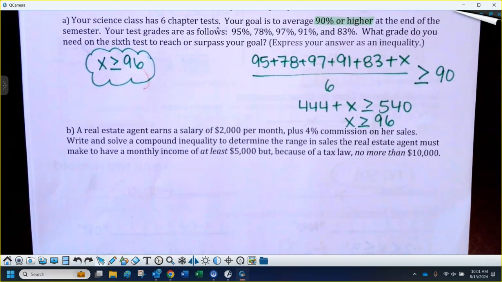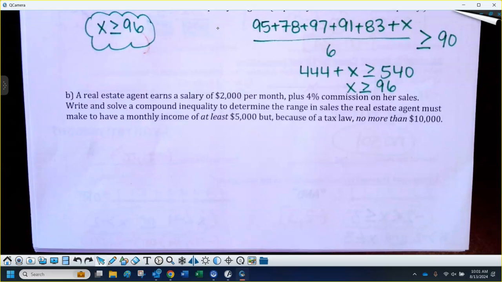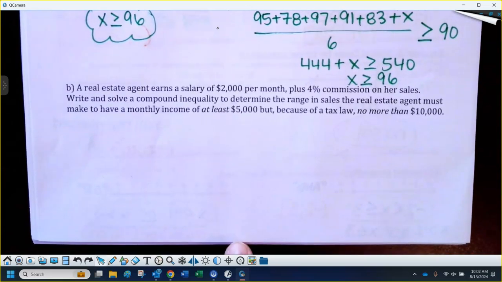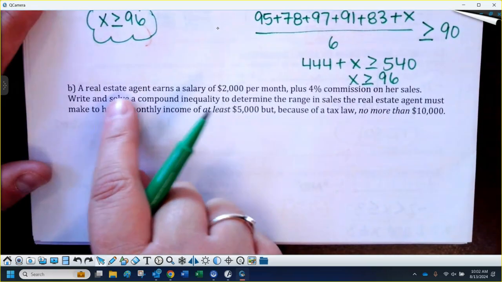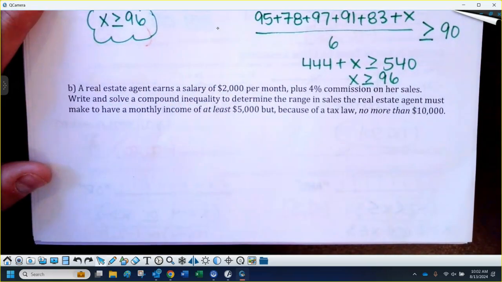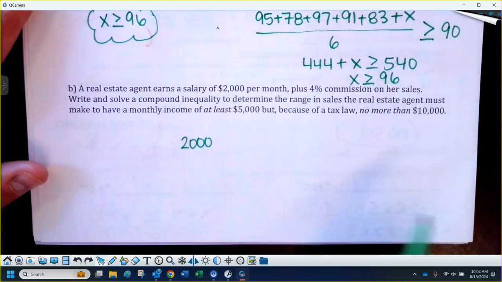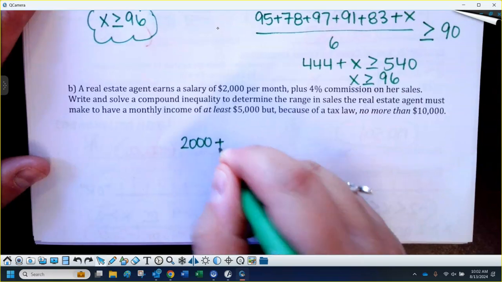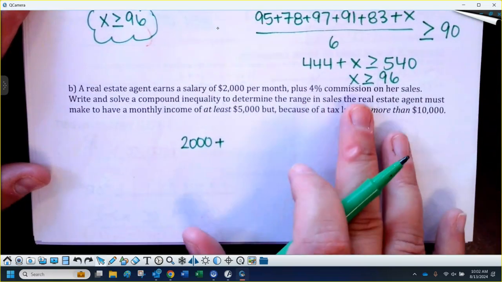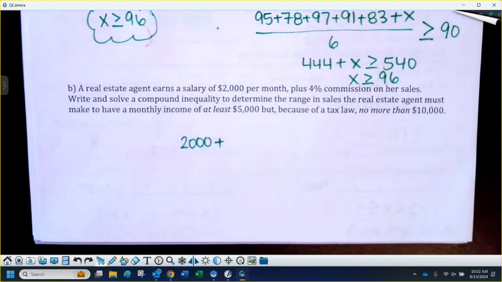Awesome. Okay, now this last one is a little bit weird. It's a compound inequality. So it says a real estate agent, somebody that sells houses, earns a salary of just straight up $2,000 a month, plus, so I'm going to put a plus sign, 4% commission on her sales.